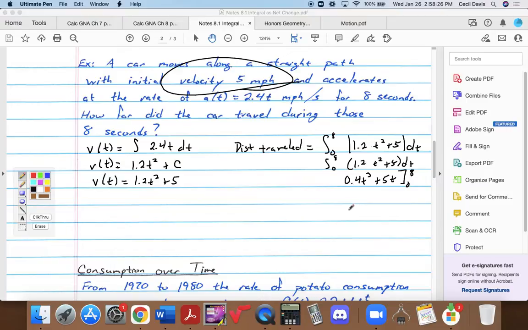So you're like, okay, well, we can still do this. So we'll have 0.4 times 8 cubed plus 5 times 8. And then we'd have to multiply that by 1 over, what is it, 3,600 to change that to hours.